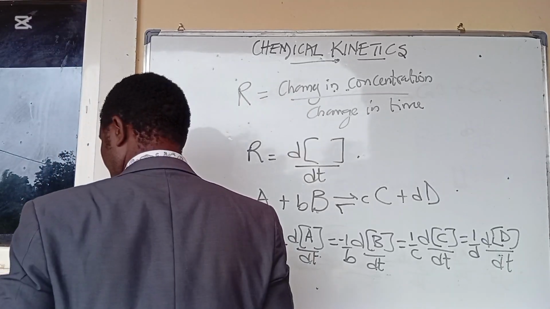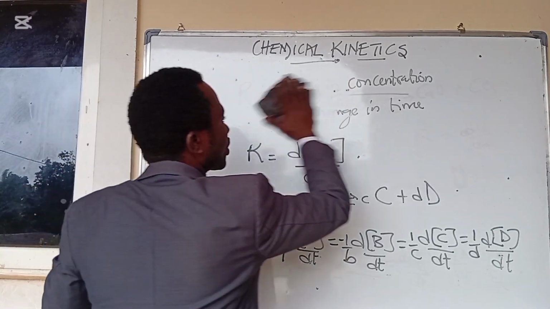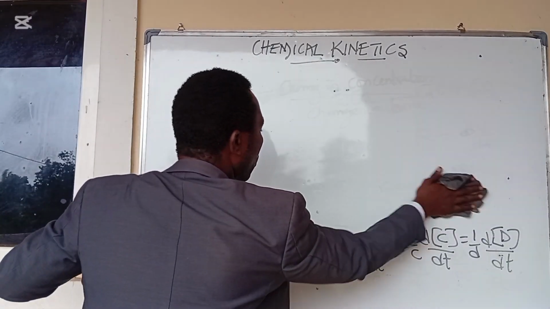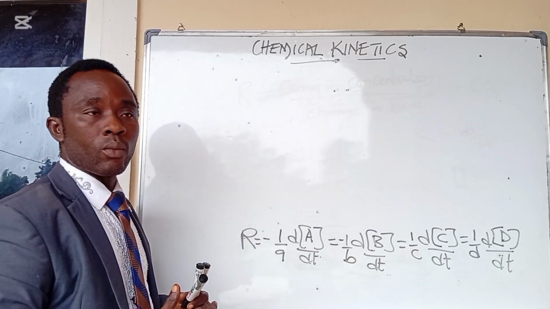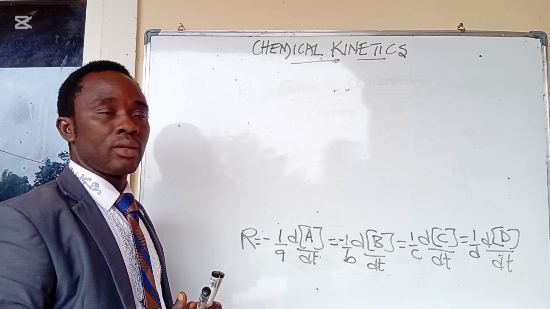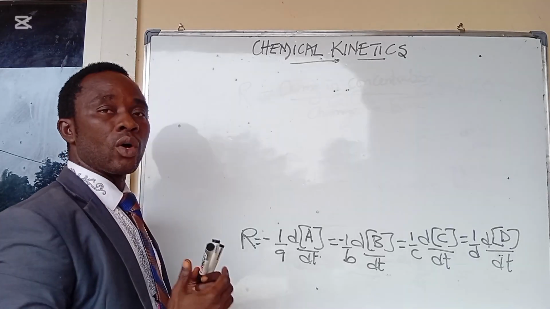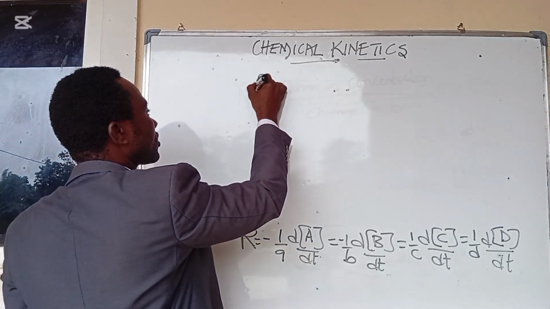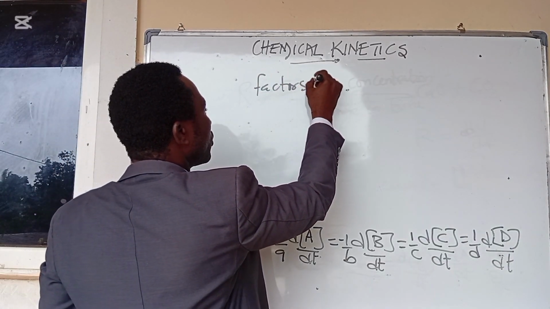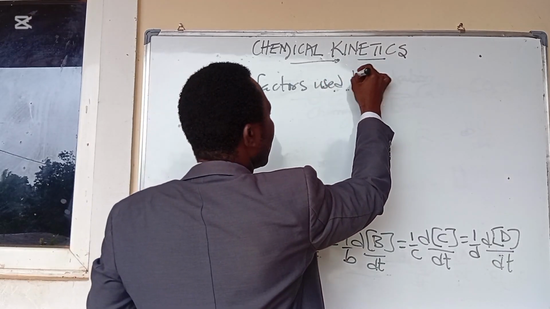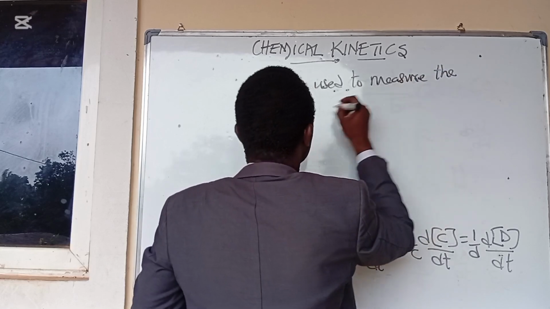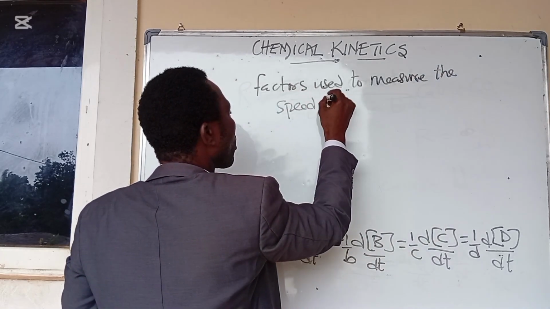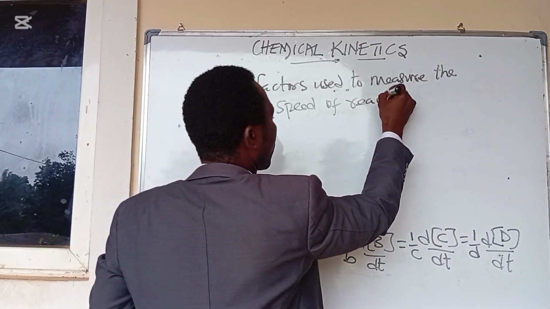Now, having taken this, we can actually also go further to know some factors that can be used to measure the rate or the speed of reaction. So we'll go to factors used to measure the speed of reaction.